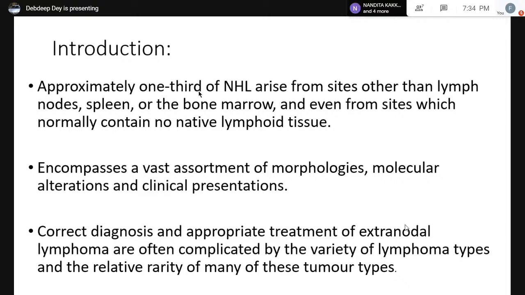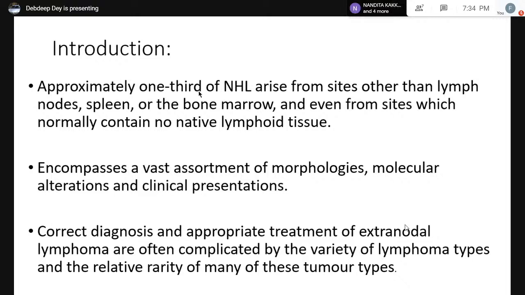I like to emphasize that the clinical presentations can be varied, and therefore lymphoma is sometimes not suspected clinically, or even when the slide comes to us. Therefore, it is incumbent on us to be aware that a lymphoma can arise at almost any site in the body.